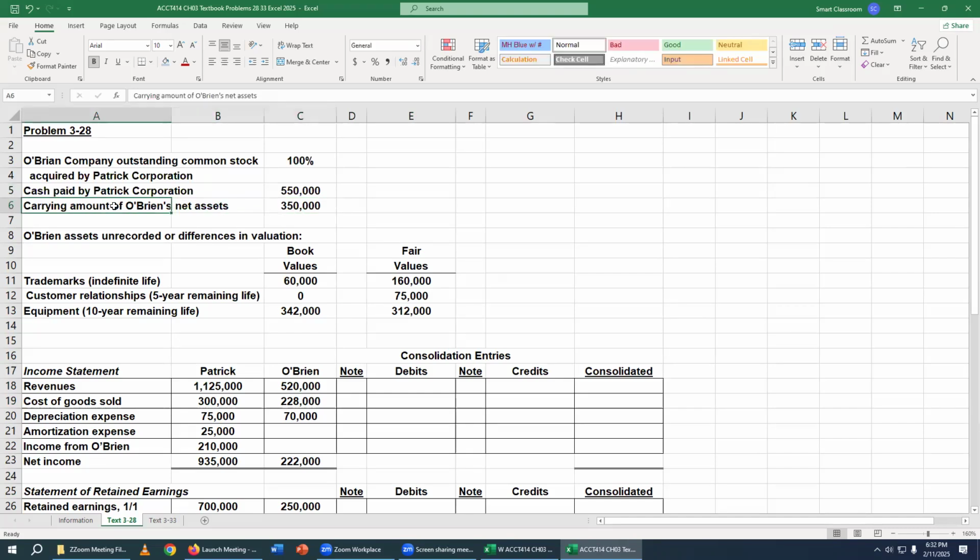So this is the book value, not the fair value. Okay, so these are book value, not fair value.